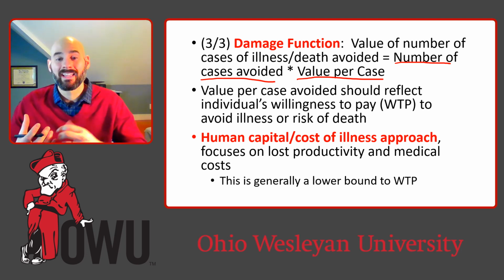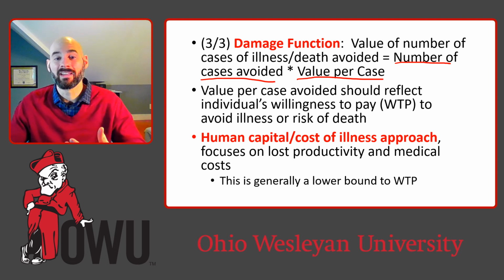If we're trying to value the loss of life due to COVID, then one way of valuing each death would be to think about what money was spent on the resources needed to keep that person alive, their funeral expenses, and the loss in their productivity, the loss in salary that they would then be giving up over the course of the rest of their life.